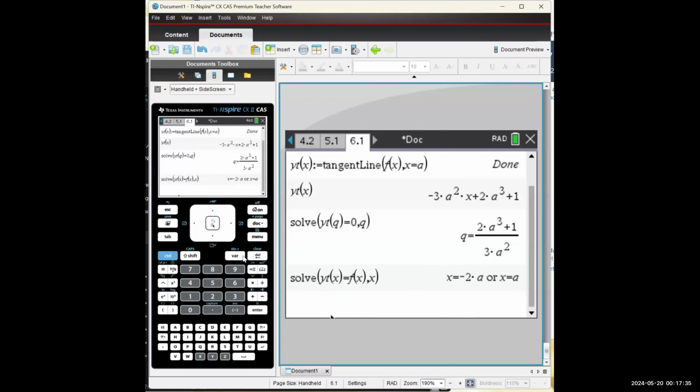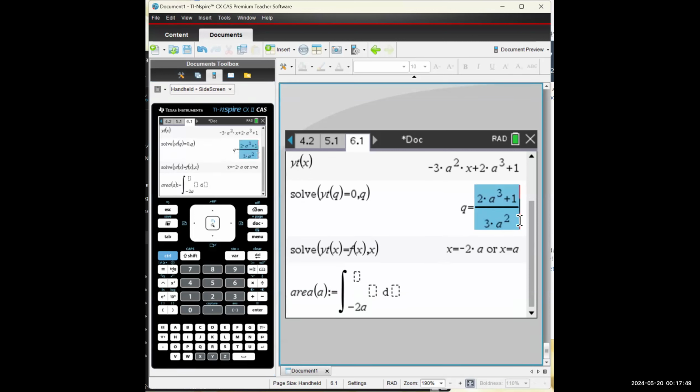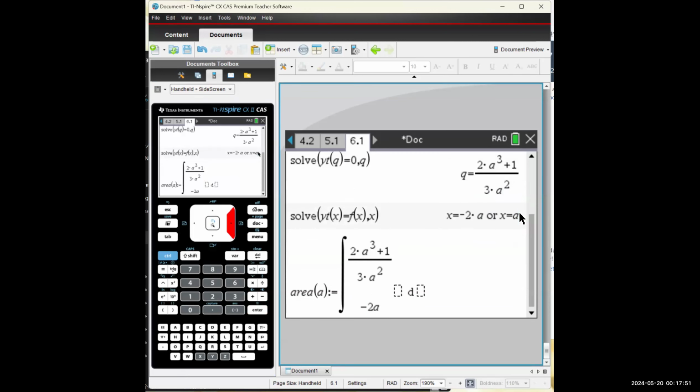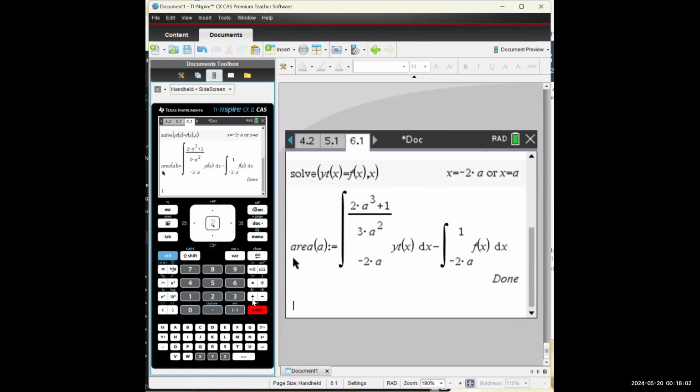Let's say area of A is assigned to the integral from minus 2a to this guy here of yt of x dx, subtracting the integral from minus 2a to 1 of f of x dx.